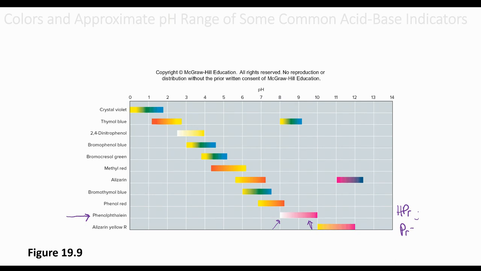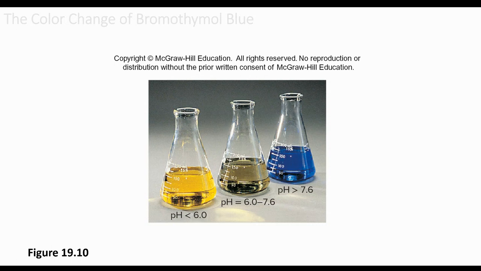So if you're at a pH of 10, it's that really dark pink color, fuchsia color. If it's a light pink, then you're closer to pH 8. Okay, so here are some other indicators from that graphic. Phenolphthalein is most famous, but there are also other ones. So this is the color change of bromophenol blue.